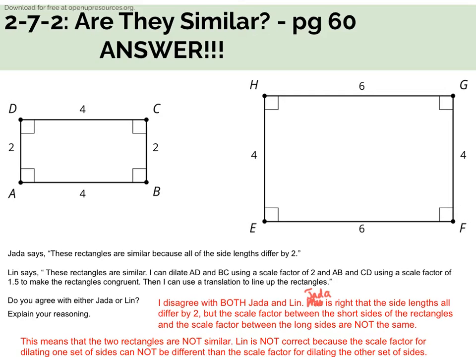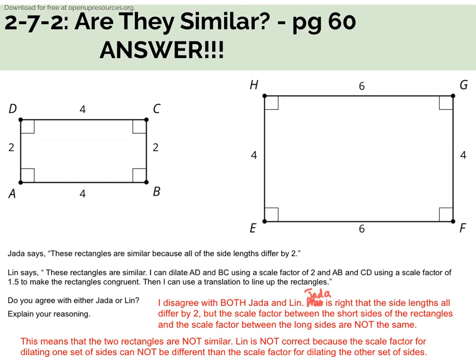All right, after looking at both of these, I disagree with both Jada and Lynn. Jada is right that the side lengths all differ by 2, but the scale factor between the short sides of the rectangles and the scale factor between the long sides are not the same. You have to have the same scale factor all the way around to make it work.